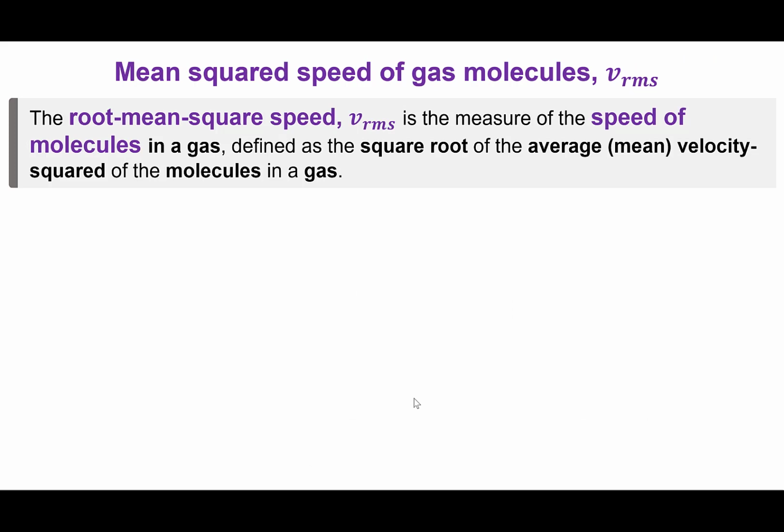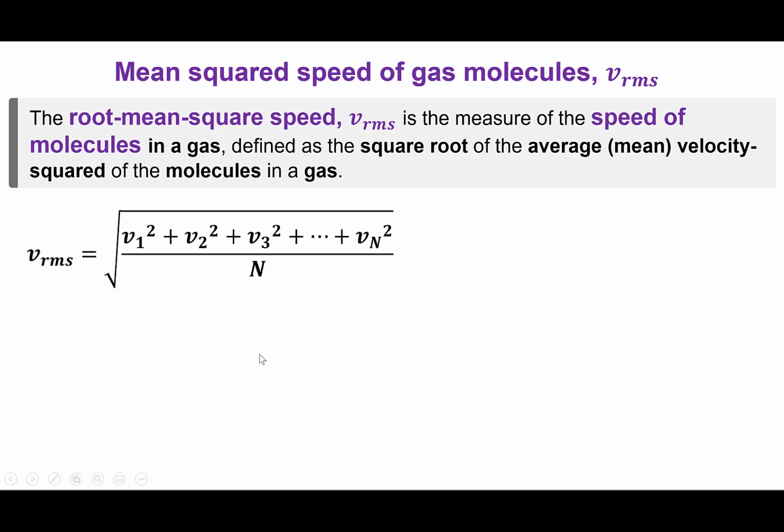The root mean square speed. Vrms is the measure of the speed of molecules in a gas, defined as the square root of the average velocity squared of the molecules in a gas.